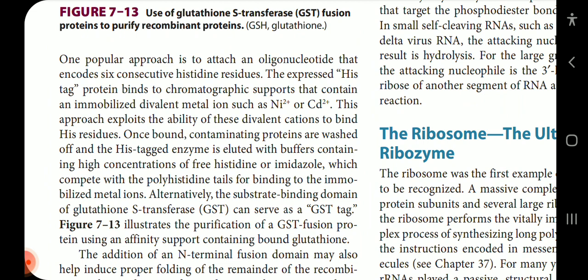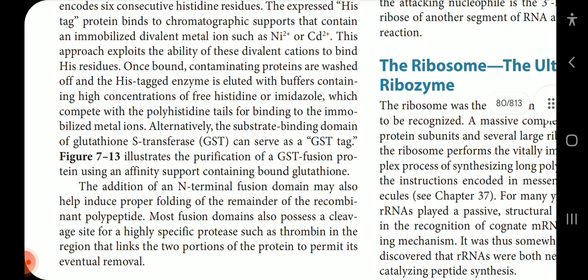Once bound, contaminating proteins are washed off and the His-tagged enzyme is eluted with buffers containing a high concentration of free histidine or imidazole, which compete with the polyhistidine tails for binding to the immobilized metal ions. Alternatively, the substrate binding domain of glutathione S-transferase, GST, can serve as a GST tag.